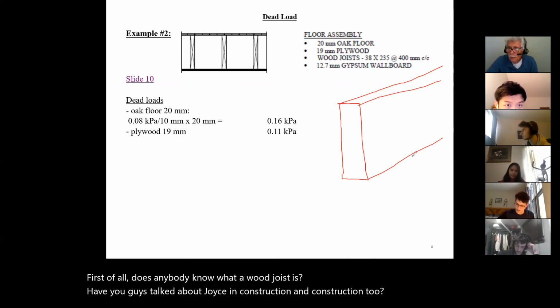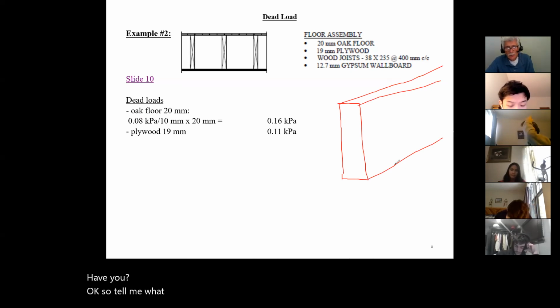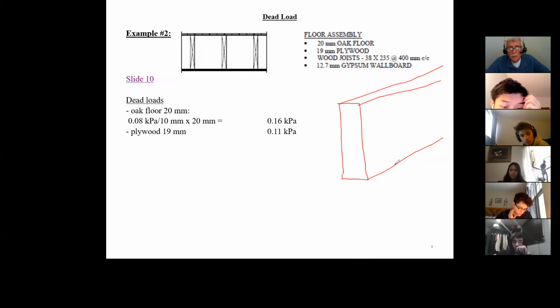Okay, so tell me what a joist is. It's a plank of wood. It's a support for the ceiling. It's a piece of lumber, right?